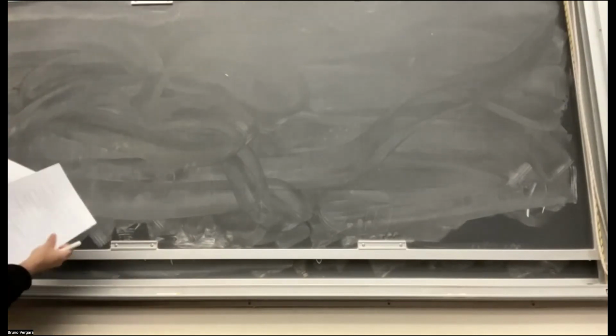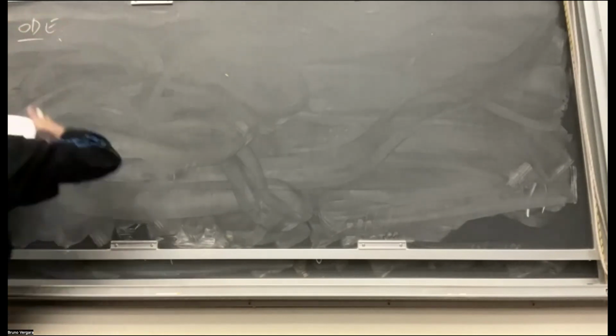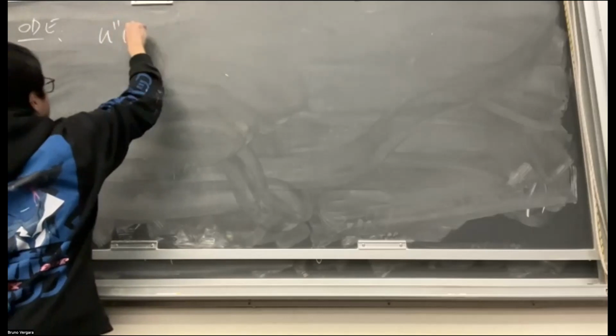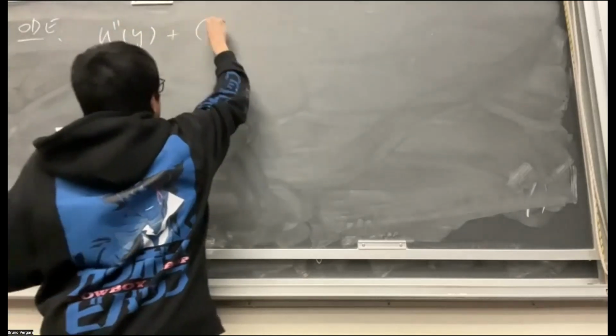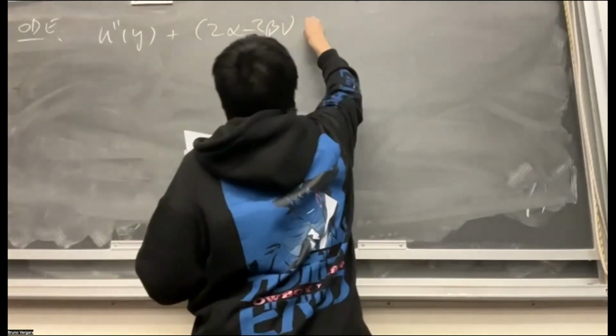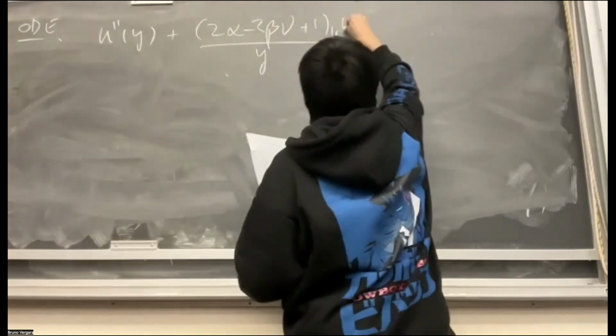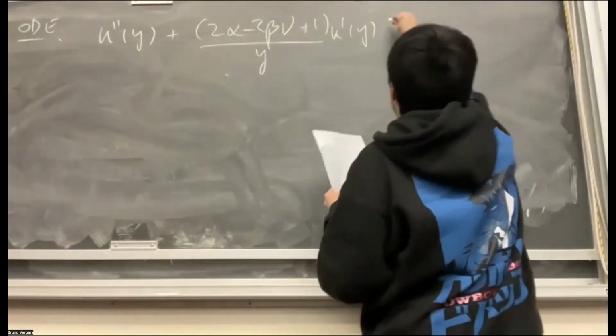First, let me start with how the story goes a little bit. I'm going to start with this ODE. It's a generalized version of what we basically want to study.